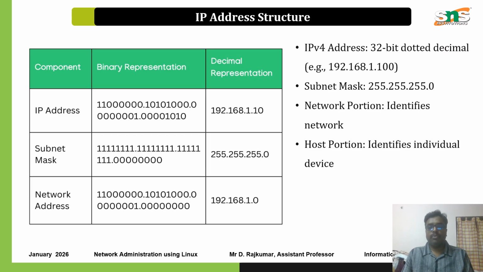Here the network portion identifies the network. If we want to connect 60 systems inside a particular network, the network portion will be the same for all 60, and the host portion identifies the individual addresses, ranging from 1 to 60.